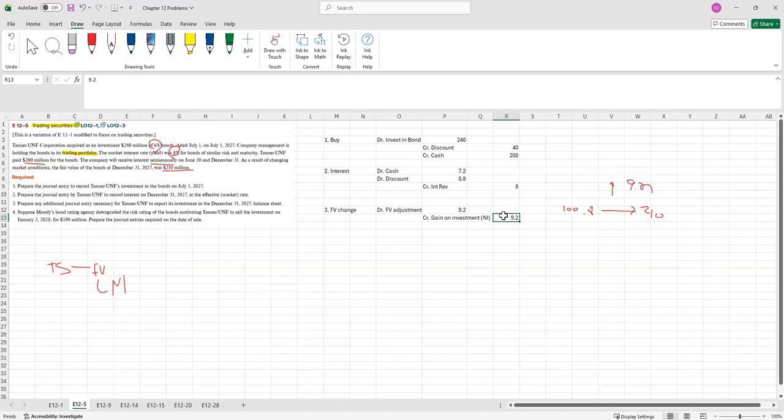Then it says for 4, suppose that they then sell the investment for 190. So how do we account for that? So for 4, when we sell it, there's 2 things we got to do. First thing, we got to bring it up to appropriate fair value, and then essentially we get it off the books.